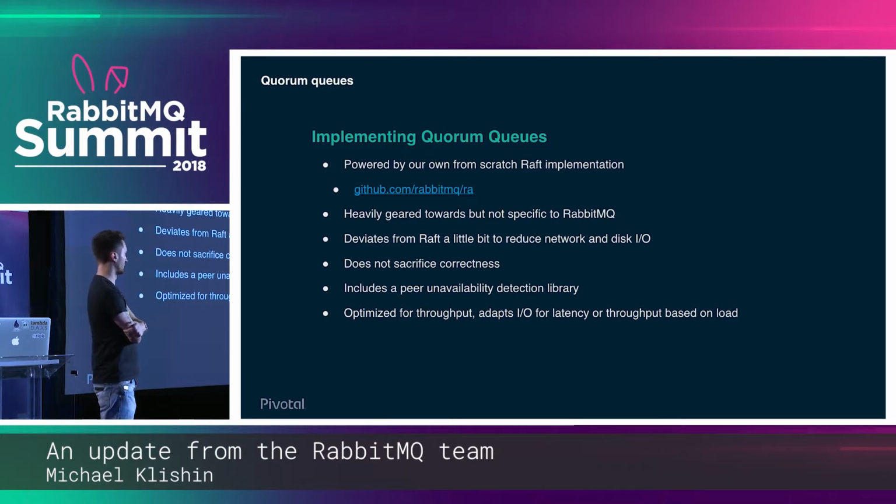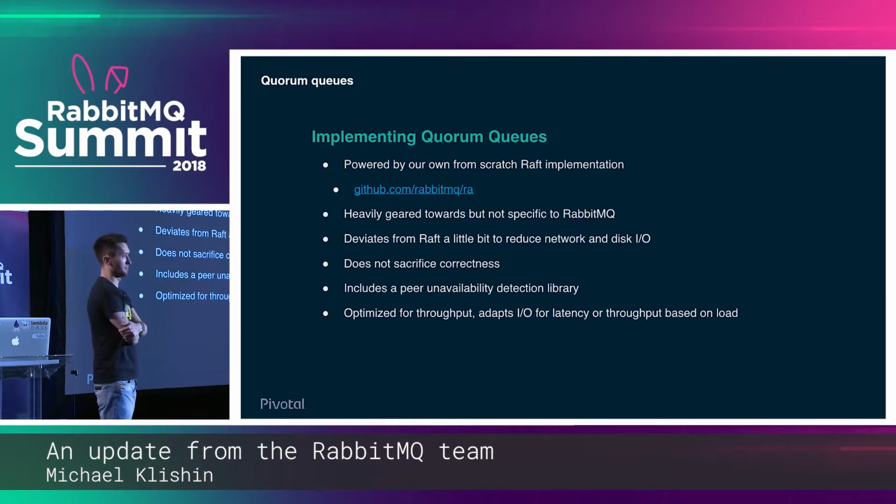And this is what reduces Raft's chatter, because in Raft, nodes periodically send each other heartbeats saying, hey, I'm there. And if you have 10,000 queues, and they're all mirrored, that's 10,000 Raft clusters, and that generates an unreasonable amount of traffic. So we just rely on this library instead of doing that chatter. Again, I don't think that sacrifices correctness, and that's a serious deviation.